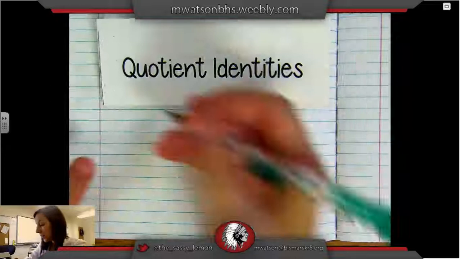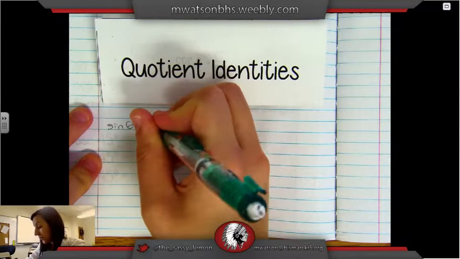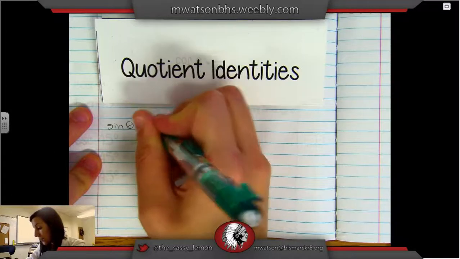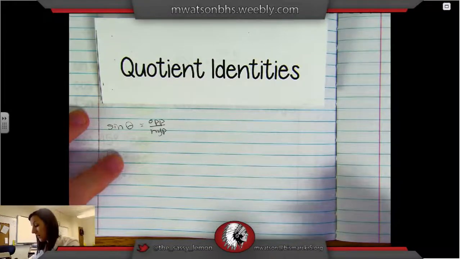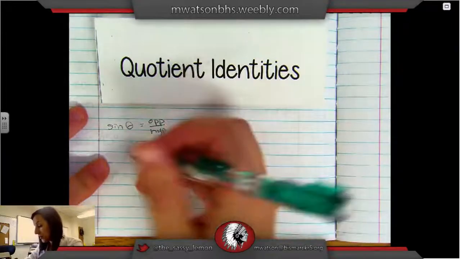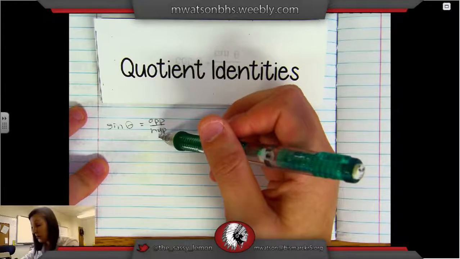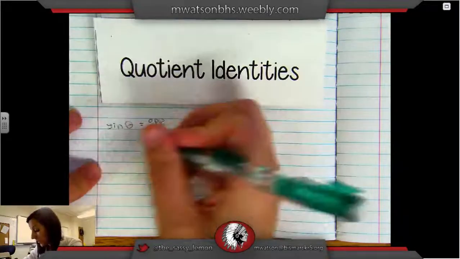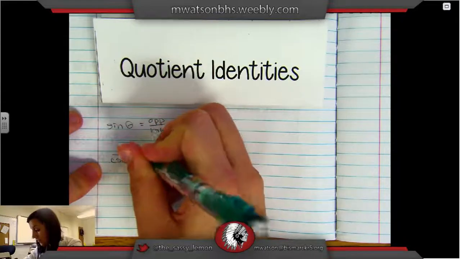Hopefully by now you realize that sine of theta is equal to opposite over hypotenuse. Okay, and then on the other side of this, we're trying to say that this is equal to 1 over cosecant of theta. So let's see what 1 over cosecant of theta equals.